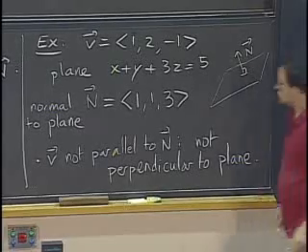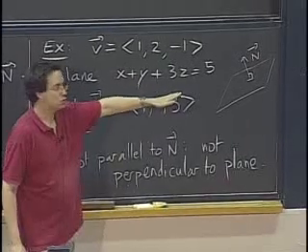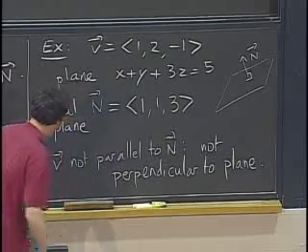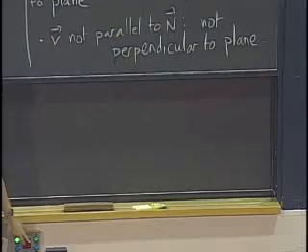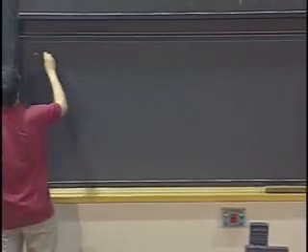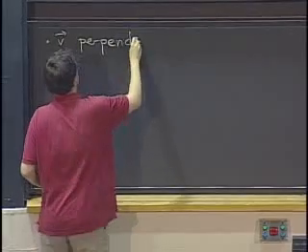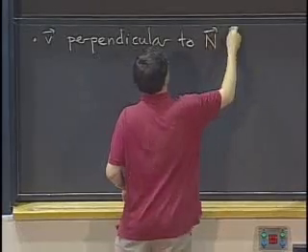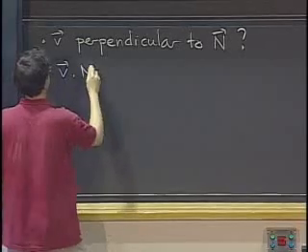Now, what about testing if V is instead parallel to the plane? Well, it's parallel to the plane if it's perpendicular to n. Well, let's check that. So let's try to see if it's perpendicular to n. Well, let's do v dot n.